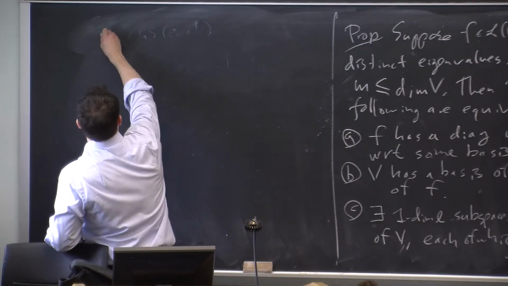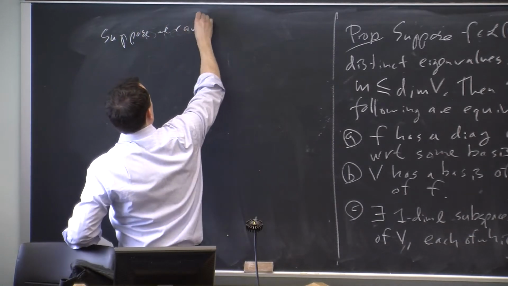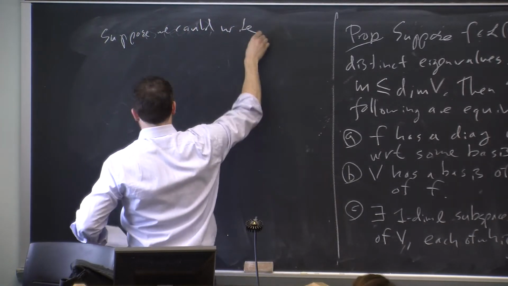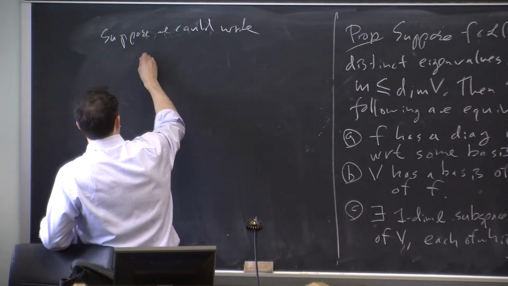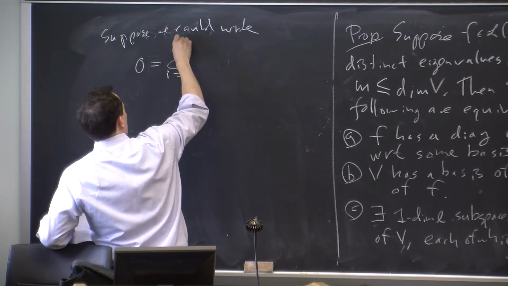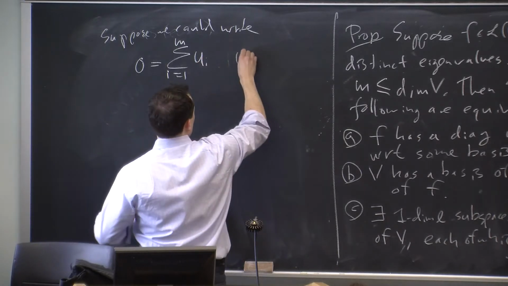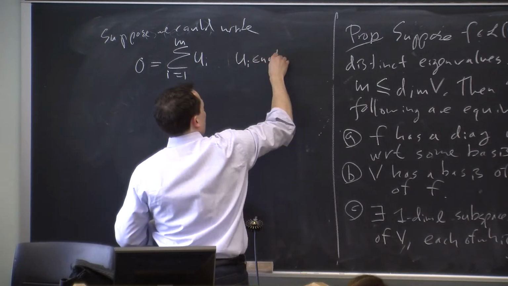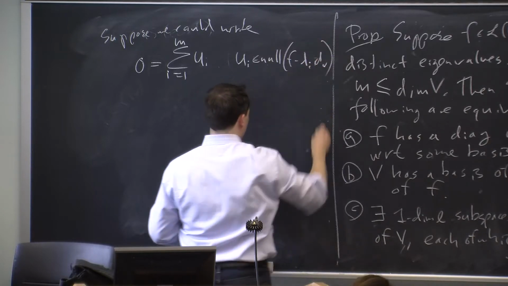So suppose we could write zero as a sum, i equals 1 to m, of u_i, with u_i in null of F minus lambda_i times the identity.